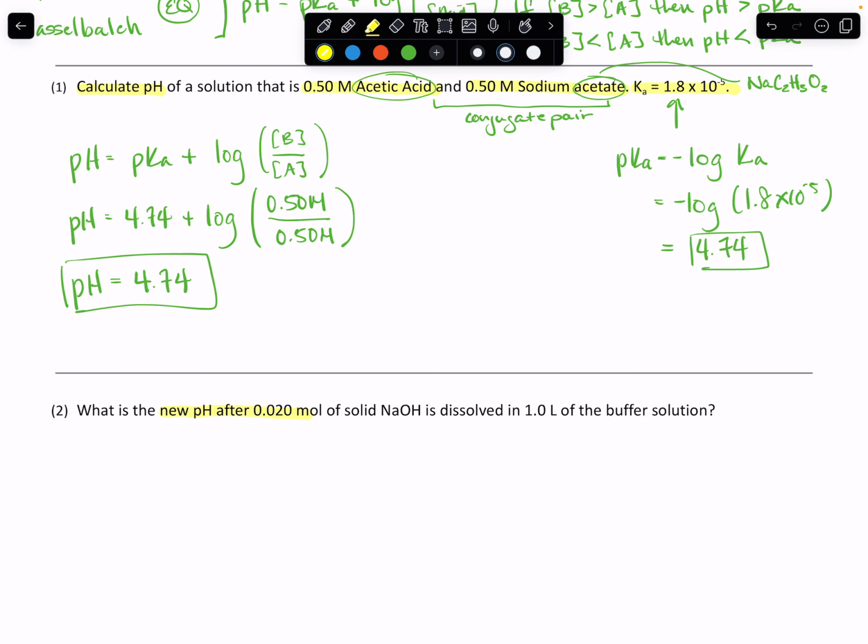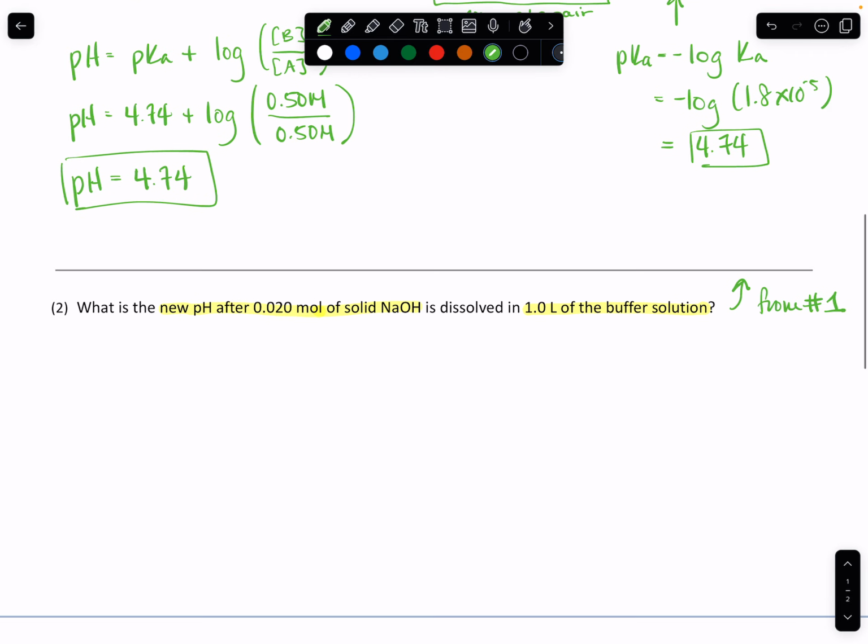Let's look at this next one. What is the new pH after 0.02 moles of solid sodium hydroxide is dissolved in 1 liter of the buffer solution? So this is talking about this buffer solution. Now, we have a reaction this time.